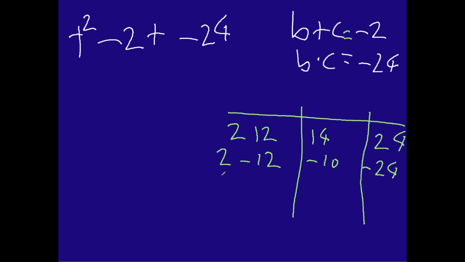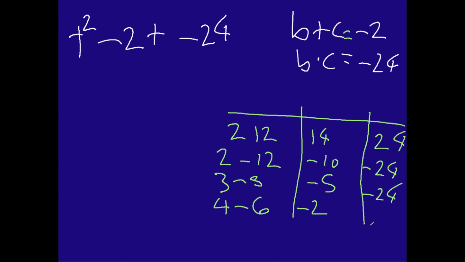So let's see here. How about 3 and negative 8? Will that work? Negative 8 plus 3 is going to give me negative 5. Still not working here, but I still got the negative 24 when I multiply them. Okay, how about 4 and negative 6? So negative 6 plus 4 is going to be negative 2.